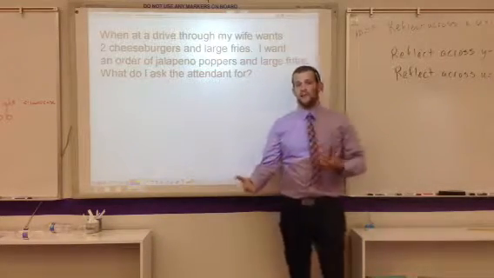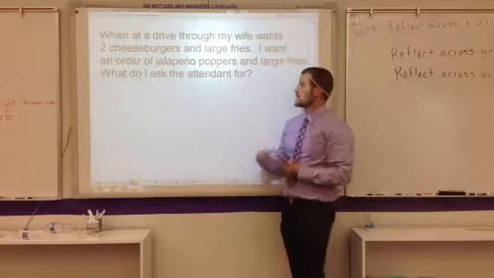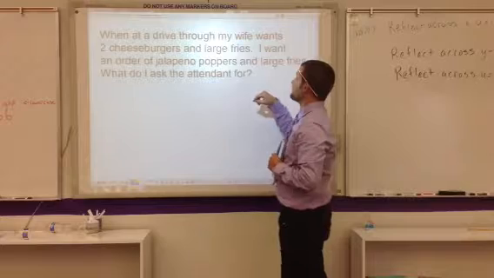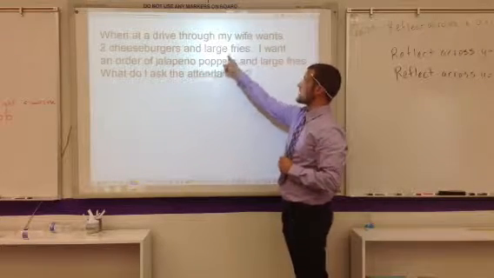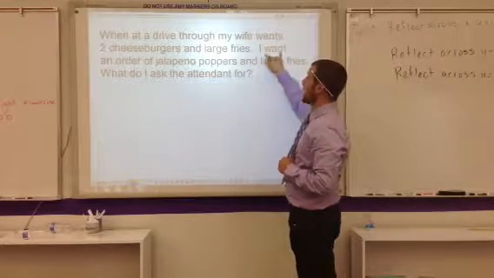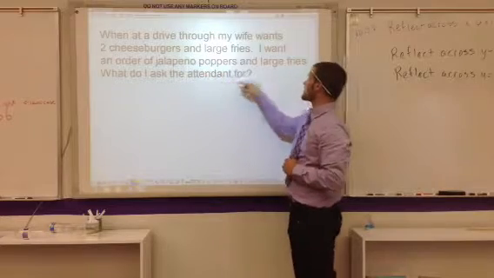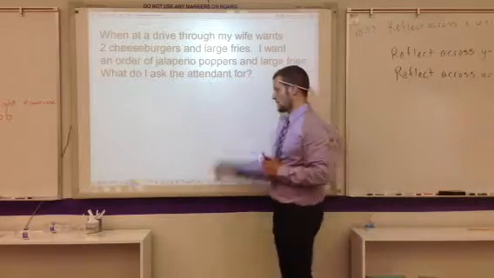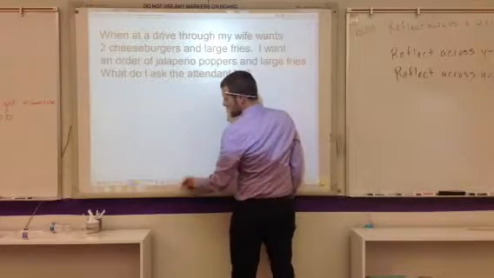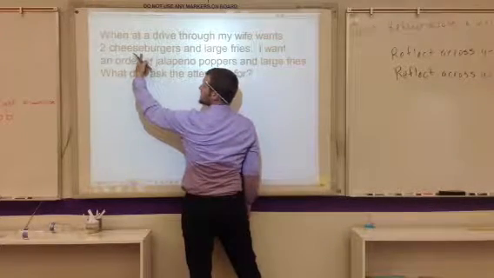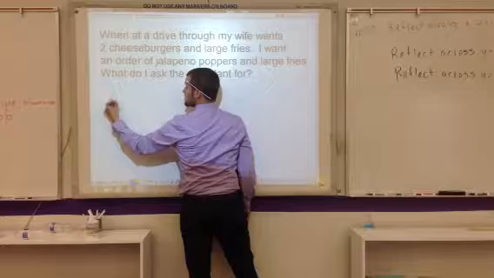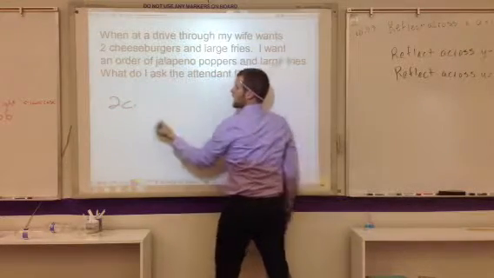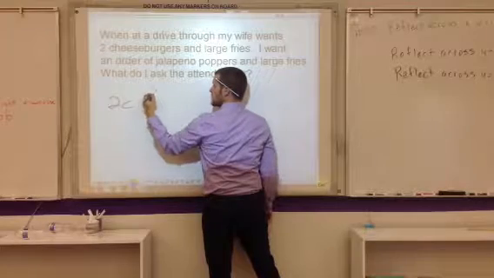In order to set up talking about combining like terms, I'd like to talk about this scenario. When at a drive-thru, my wife wants 2 cheeseburgers and a large fries. I want an order of jalapeno poppers and a large fries. What do I ask the attendant for? Well, the things my wife wants are 2 cheeseburgers, which I will call 2C, plus a large fries, 1F.